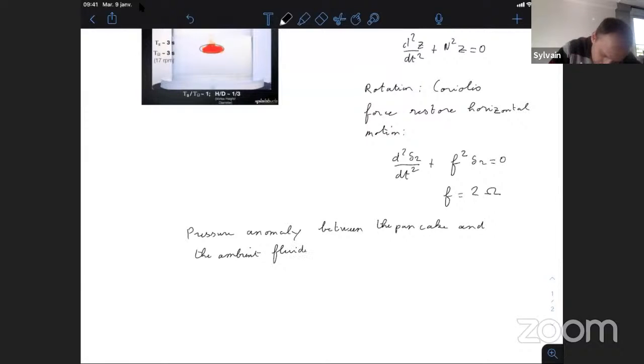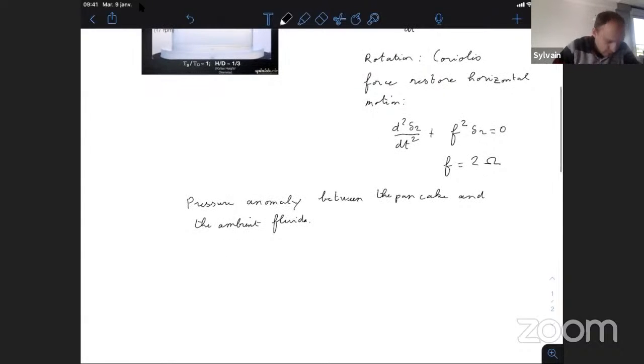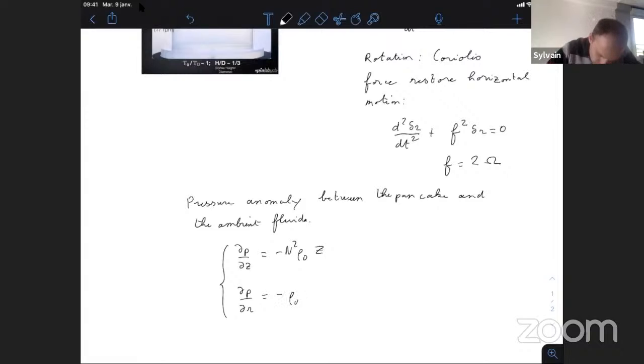When you're at equilibrium, you have two equations. One is dp over dz, which is minus rho naught N squared times z. This is a result of the stratification, and this is the fact that vertical motions are restored by the stratification. You have the same for rotation, with the rotation rate times r.